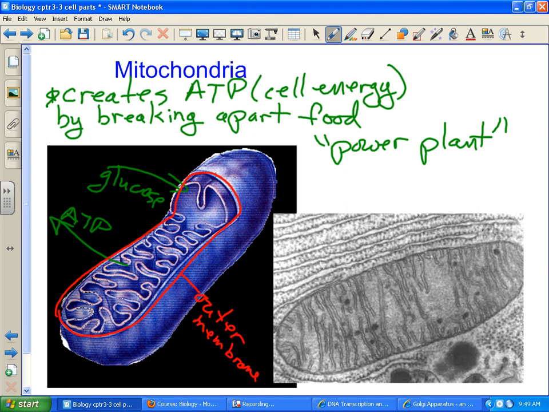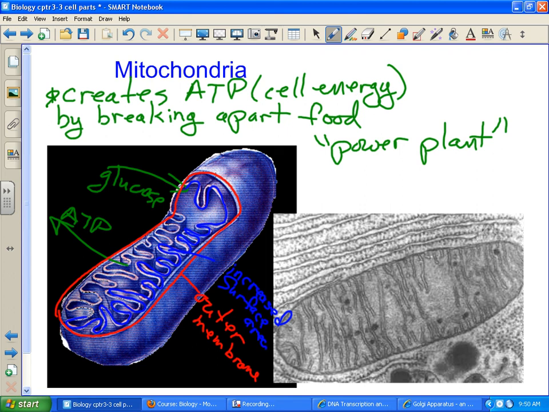The inner membrane has all these folds. So when you draw this one, you kind of have to do this back, forth, back, forth, back, forth. And that basically creates a lot of increased surface area.